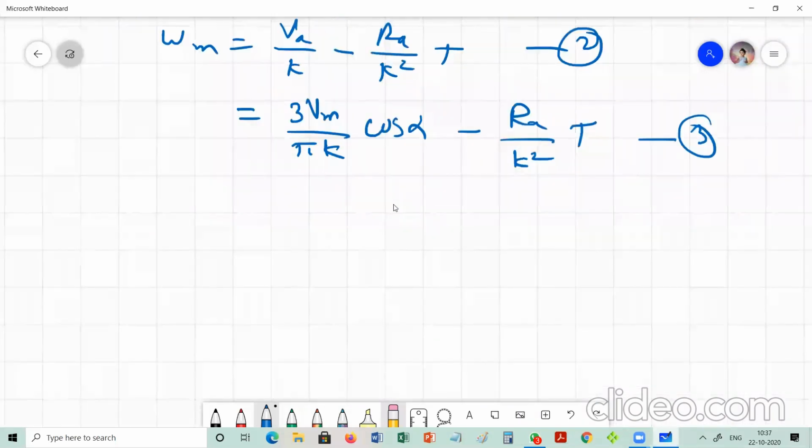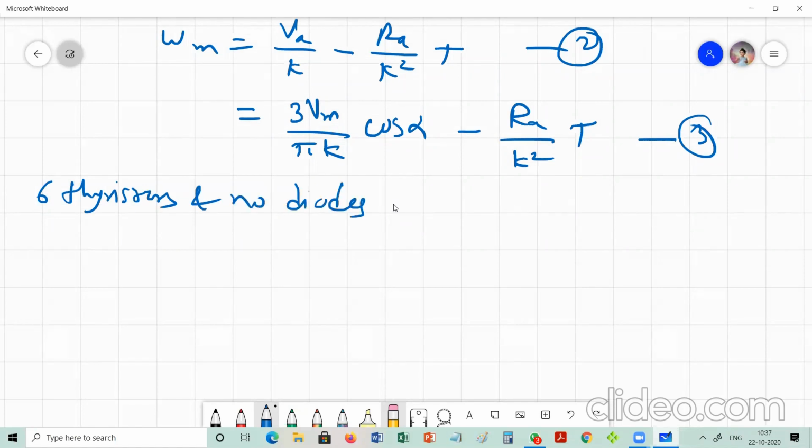Again, the drive is fed by the three phase fully controlled rectifier, which means it has 6 thyristors and no diodes.